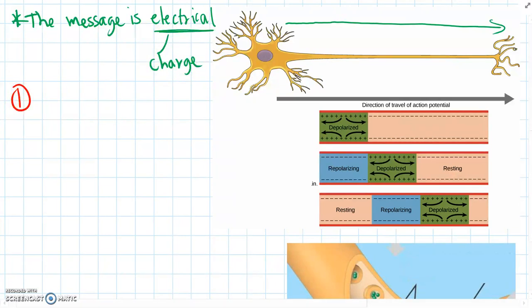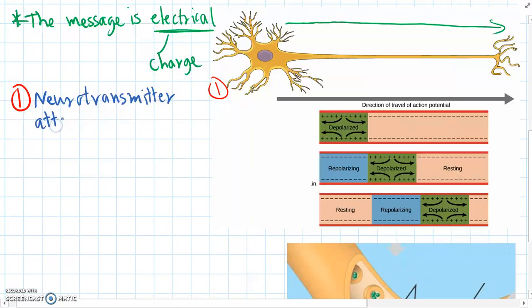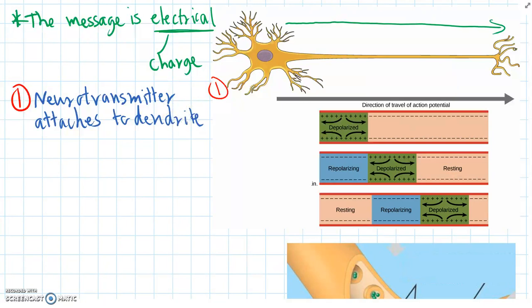So the first step in the process happens right up here at the dendrites, where the neurotransmitter comes from the previous cell and attaches to the dendrites of this cell. So the neurotransmitter carries the message and attaches to the dendrite. After those chemicals attach, the next step is inside the cell body, the charge changes. So the charge inside of a neuron is negative.